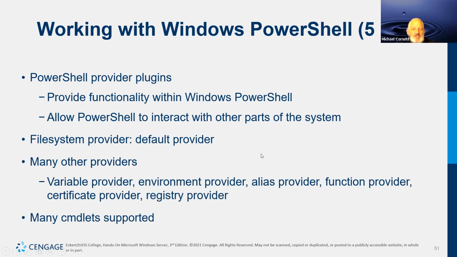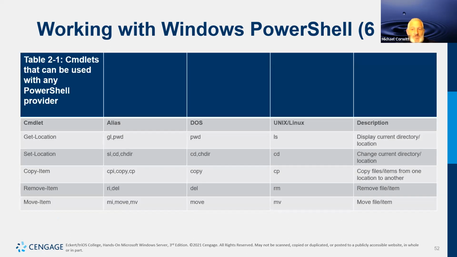PowerShell provider plugins provide functionality within Windows PowerShell and allow PowerShell to interact with other parts of the system: the file system provider, the default provider, many other providers, variable provider, environment provider, alias provider, function provider, certificate provider, and registry provider. Many cmdlets are supported.